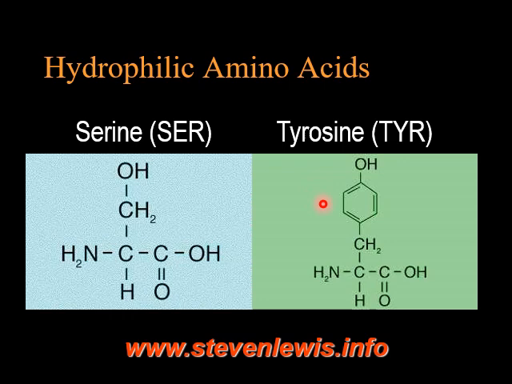Tyrosine is similar to phenylalanine because its side chain includes a benzene ring. But what makes tyrosine more water-soluble than phenylalanine is the hydroxyl group that hangs off the ring. The addition of that hydroxyl group makes tyrosine more water-soluble than phenylalanine.